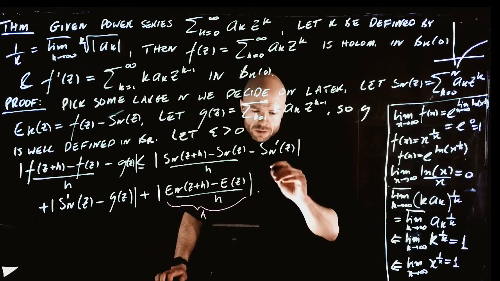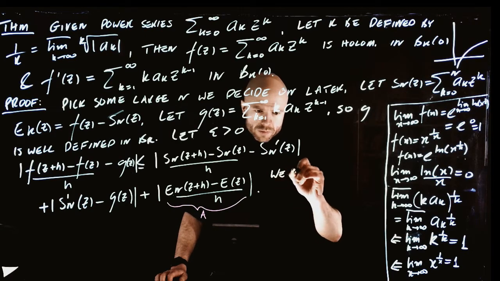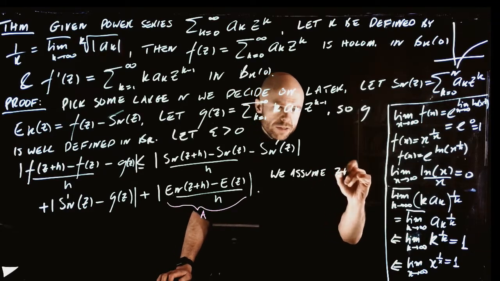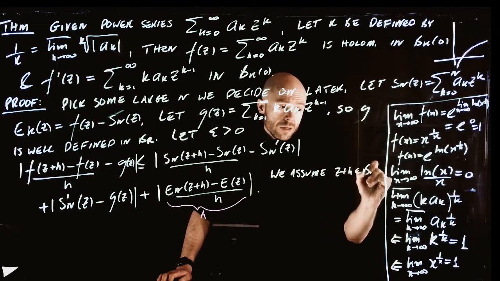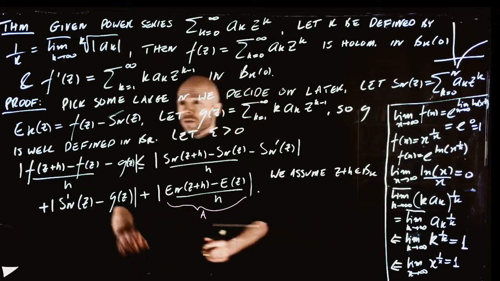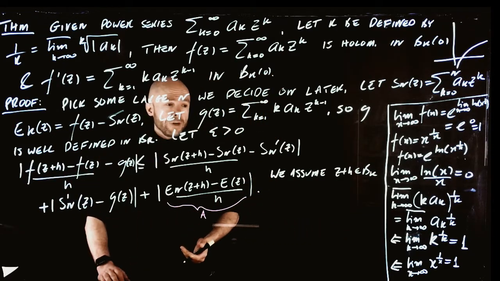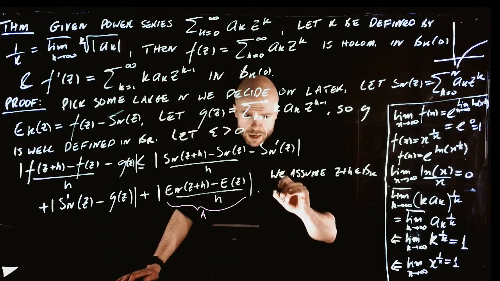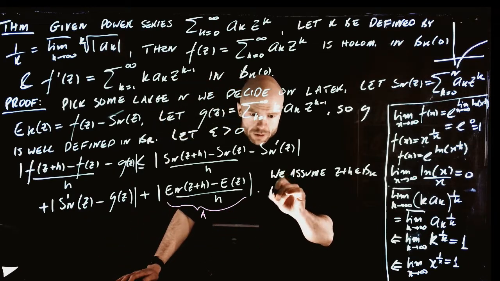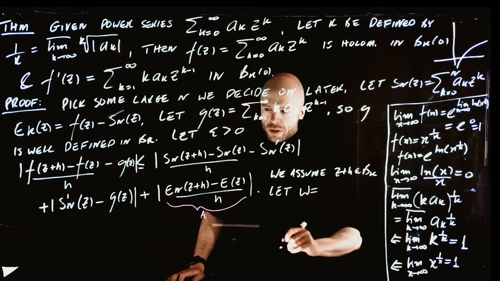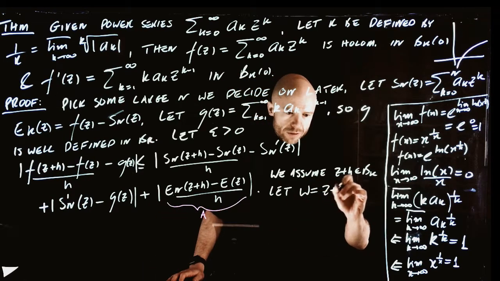We assume that z plus h is inside the ball, because otherwise f of z plus h doesn't even make sense. It's not even defined. And we estimate A. Let w equal z plus h.